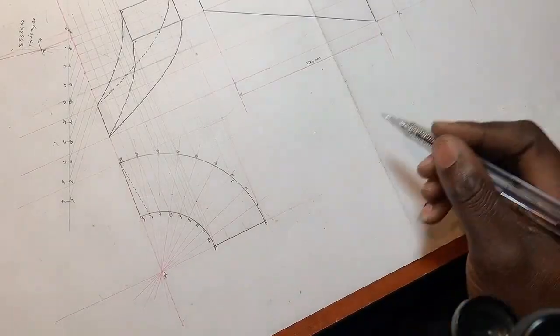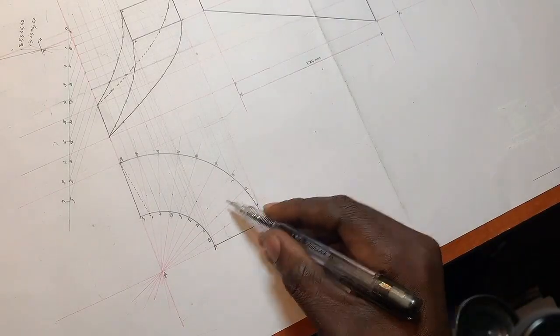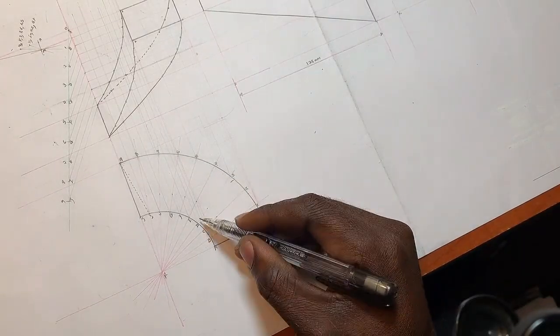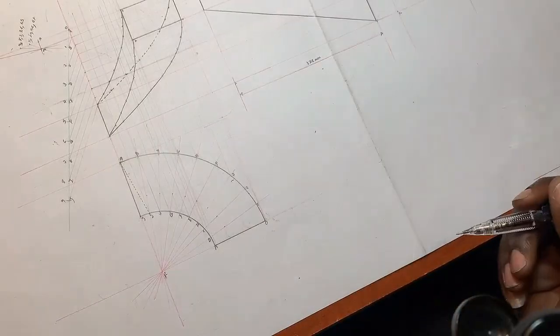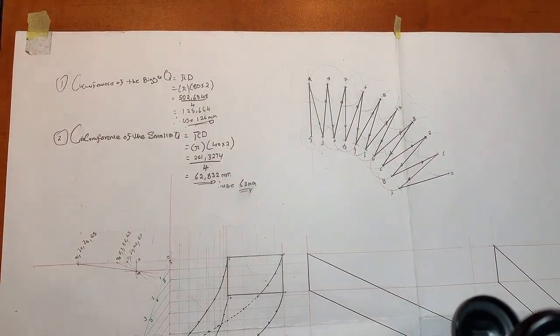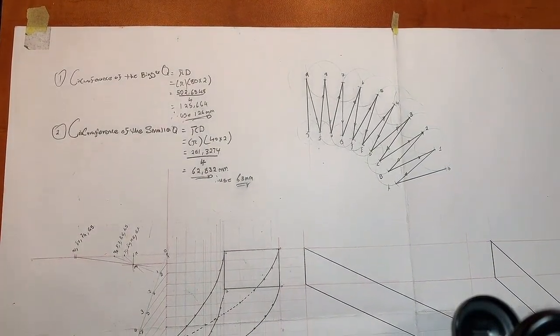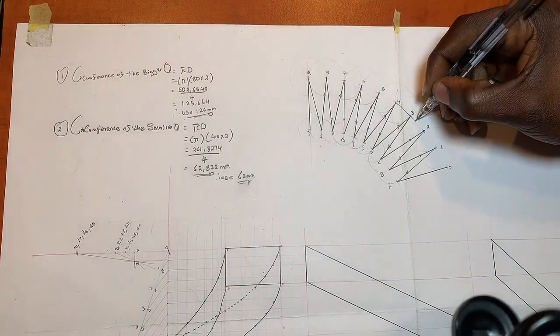You understand? Remember, we did explain that 0 to B is the same as B to 2, 2 to D, D to 4, 4 to F, F to 6. This is what we've been doing here. You get what I'm trying to say? So from there, you can take your boilermaker or your flexi curves, then you join your points.